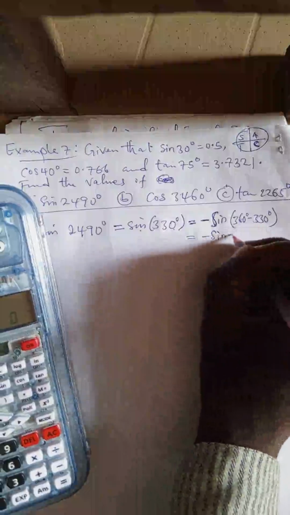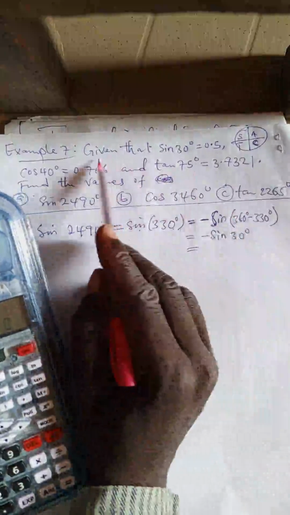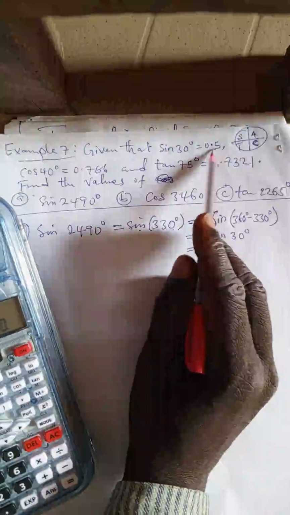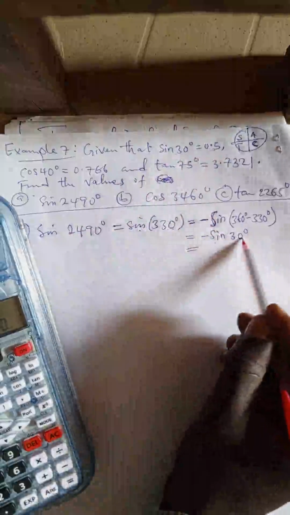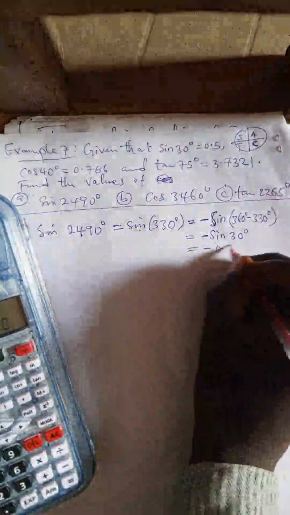When you subtract, you have 30 degrees. From the conditions given, sine 30 is 0.5. But you have to carry the negative sign along. So you just say minus 0.5.